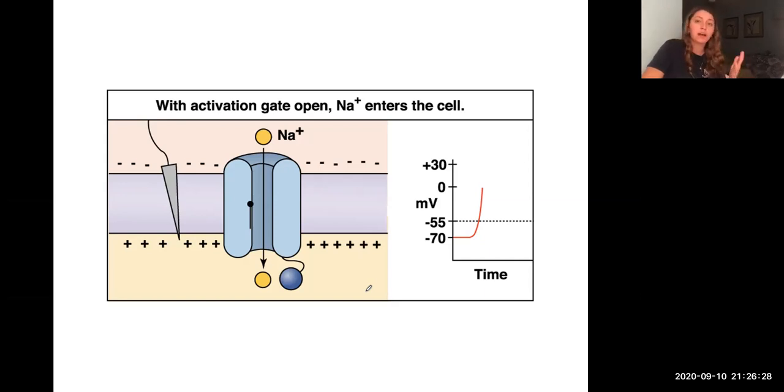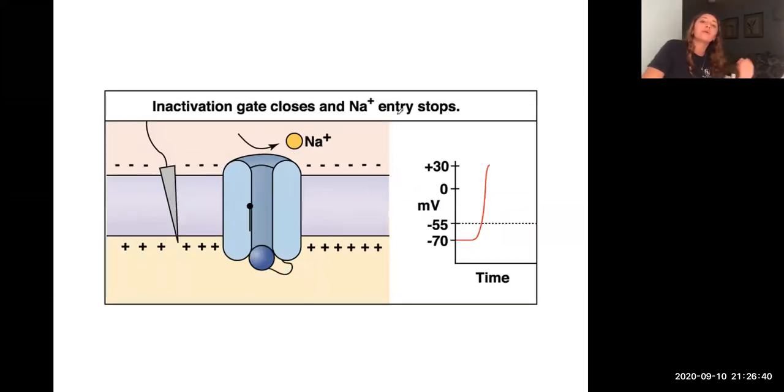It's just explaining step by step what happens to the activation gate when depolarization happens and repolarization happens. So this is the graph that we're talking about. Let's say that's negative 70. This is threshold, it reaches threshold about right here. Then it goes all the way up to positive 30.